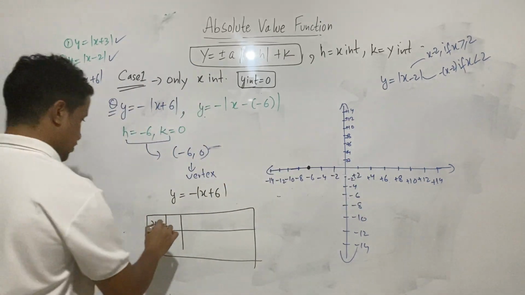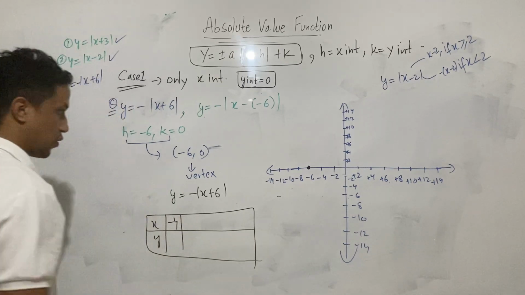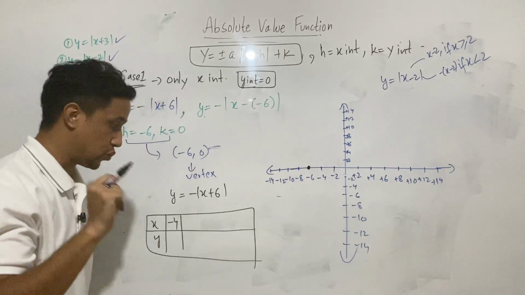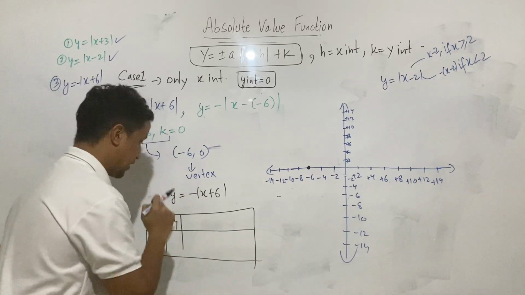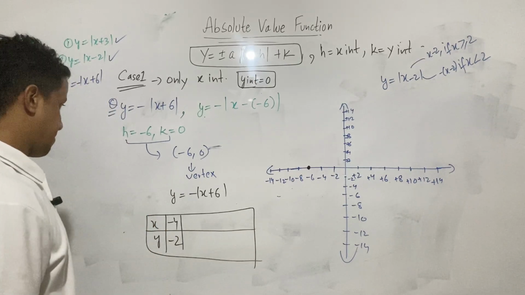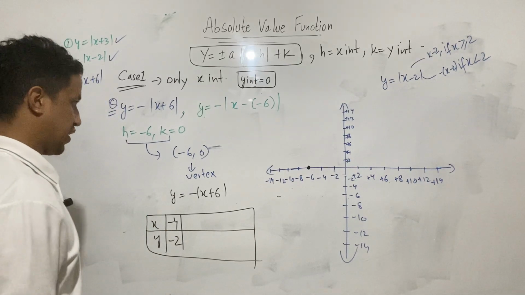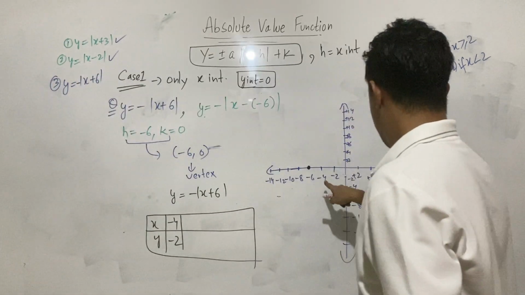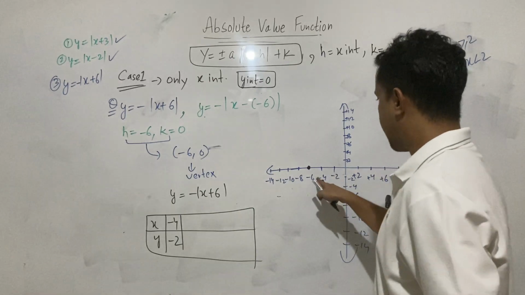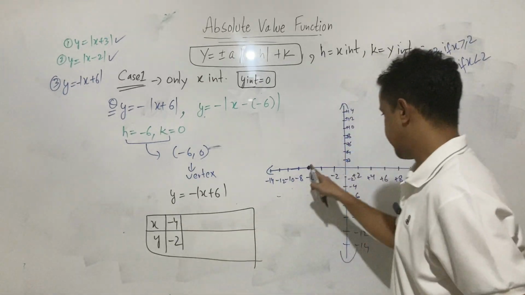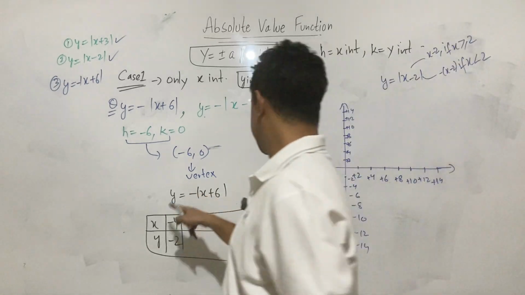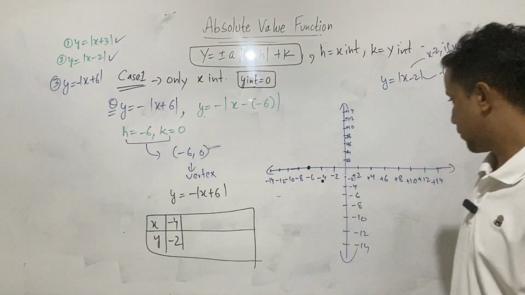Let's put minus 4. If I put minus 4, minus 4 plus 6 is 2, but the outside is negative, so negative 2. For negative 4, I get negative 2. I can also go for negative 5. For negative 5, it's going to be at negative 1, right?